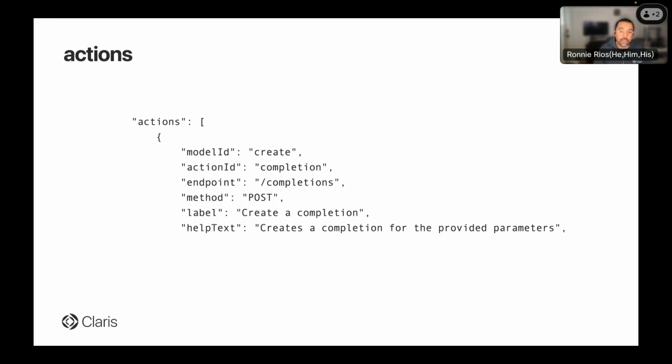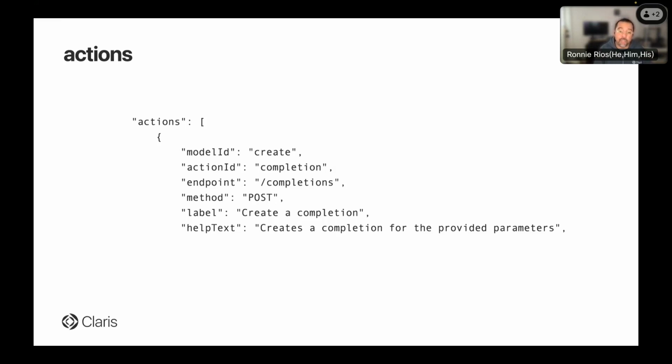I like to use a verb in model ID and then a noun in the action ID, but you can do whatever you want as long as, again, the combination of the two is unique. So that identifies the action. Then the endpoint, just like we did with test action, all we have to do is reference the endpoint that we declared in the endpoints attribute. In this case, we're going to be calling the completions endpoint, and the method we said is going to be a post, right?